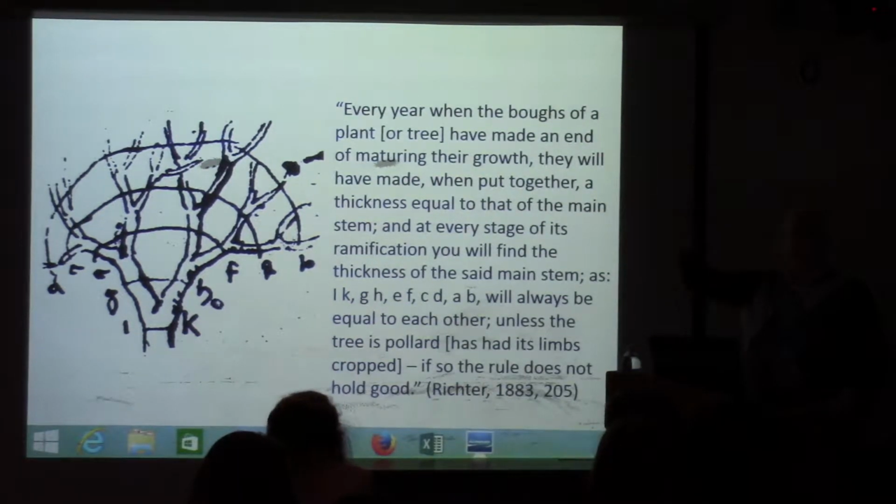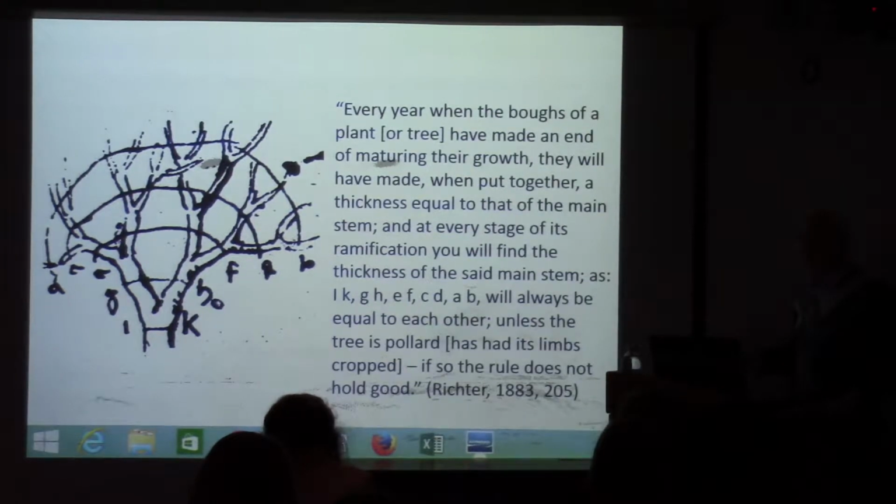So here's another way of looking at it. You probably know that Leonardo wrote in mirror image. I flipped this around so you don't have to do it in your head. Another way of talking about it, as he said, was that every year when the boughs of a plant or a tree have made an end of maturing their growth, they will have made, when put together, a thickness equal to that of the main stem.